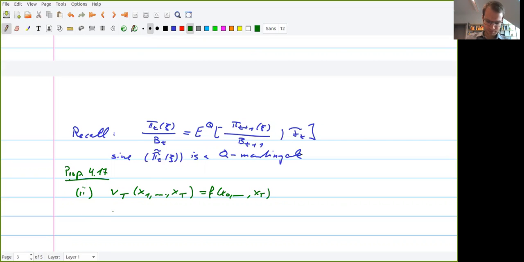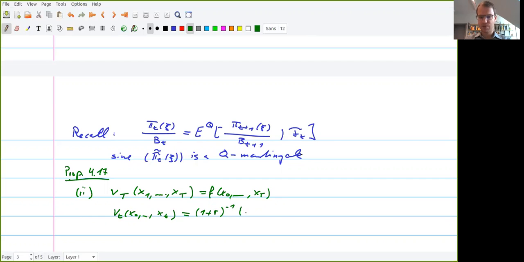And then at time t, if I plug in the prices up to time t, what has to be the value process? Well, we have here our discounting factor, coming from these two discounting factors, minus 1.